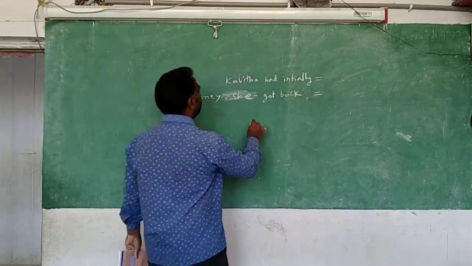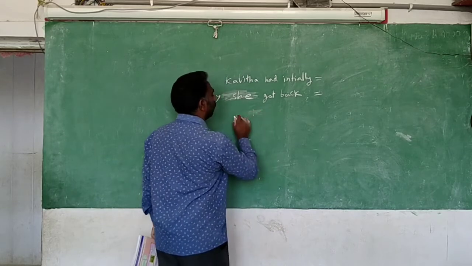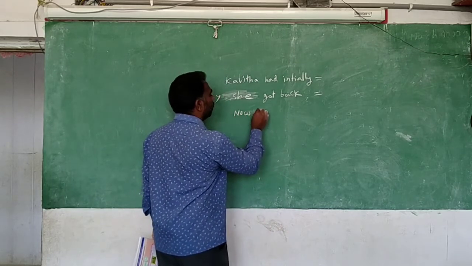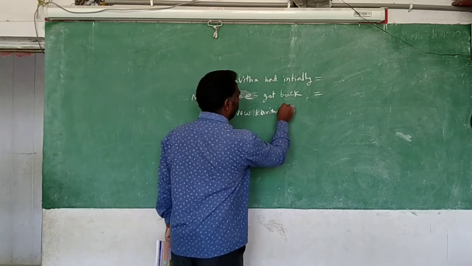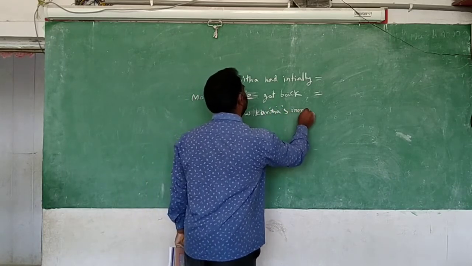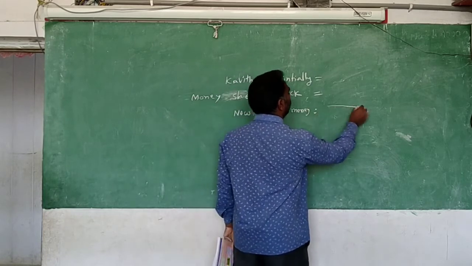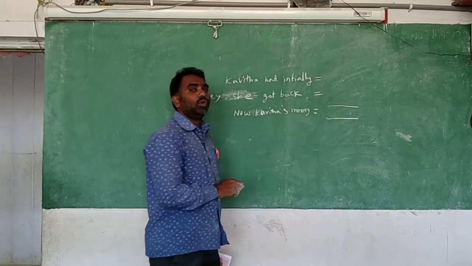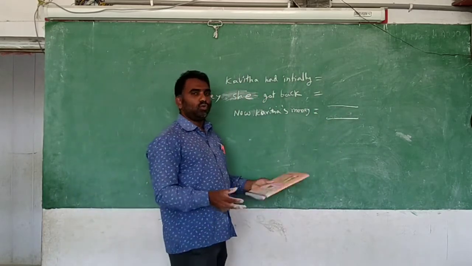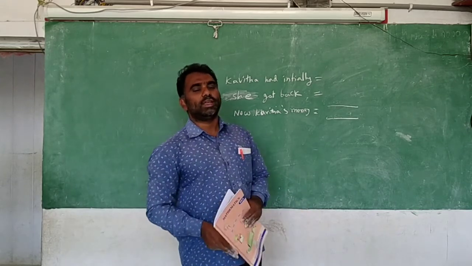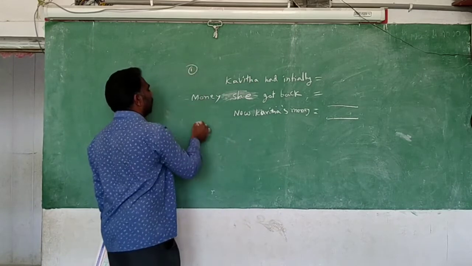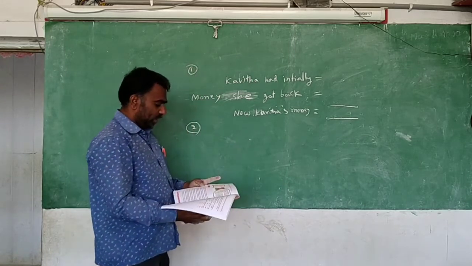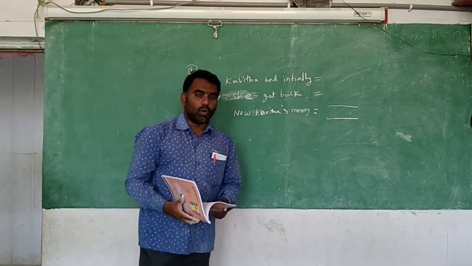So now, finally, what are you going to find? Now, how much money is there with Kavita? That is what we are going to find. So what should we do? Yes, you know addition now, how to do it. Just now I have explained clearly. You do it. So this is the first problem from page number 46. Do this.